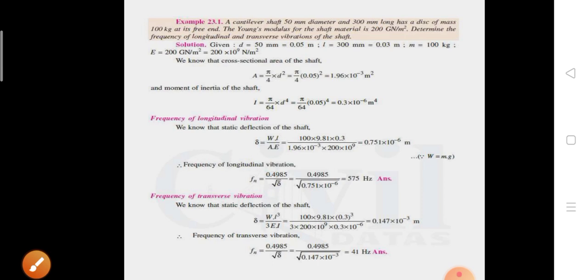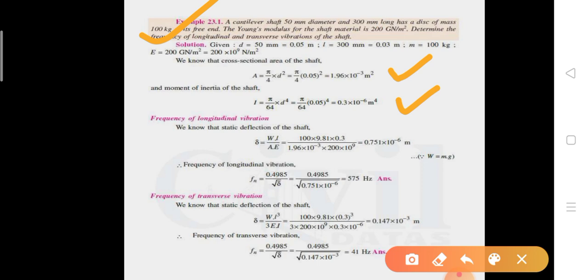Okay, so first write down the given data. Diameter 50 mm, that is 0.05 m, length 0.3 meter, mass m 100 kg, E 200 into 10 to power 9 Newton per meter square. Find the cross-sectional area, A is equal to pi by 4 d square, and I is equal to pi by 64 d raised to power 4.